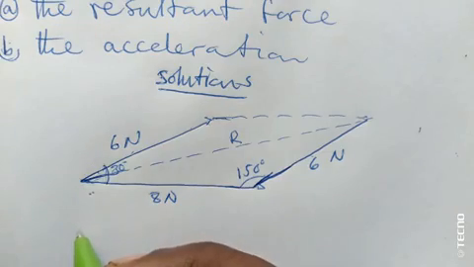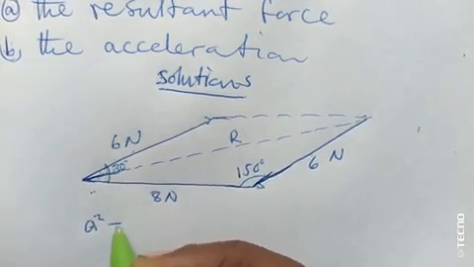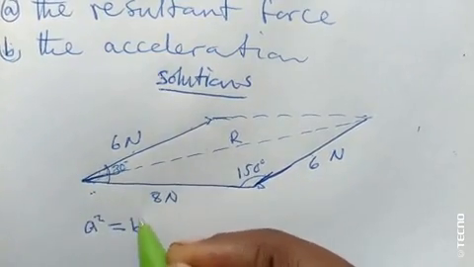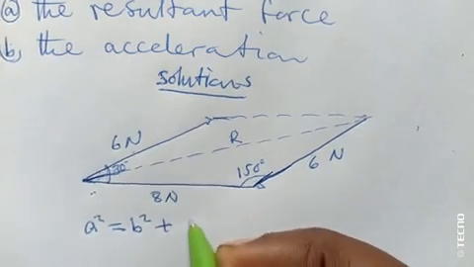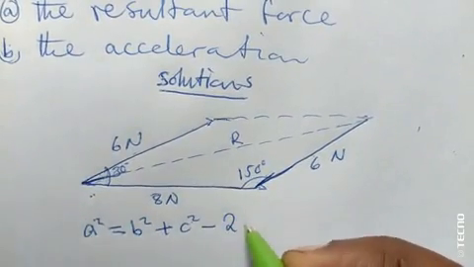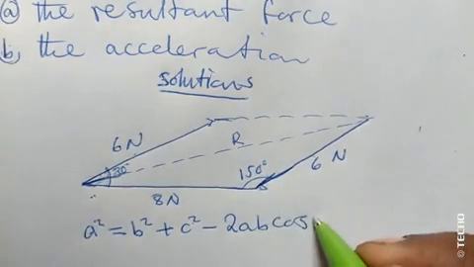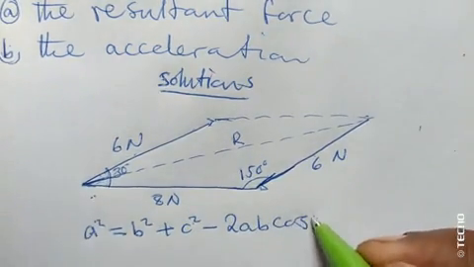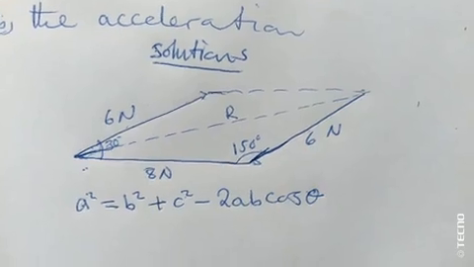As we know, the cosine formula is a squared equals b squared plus c squared minus 2bc cos of the angle that you want. So here, cos theta. This is the formula that we use.